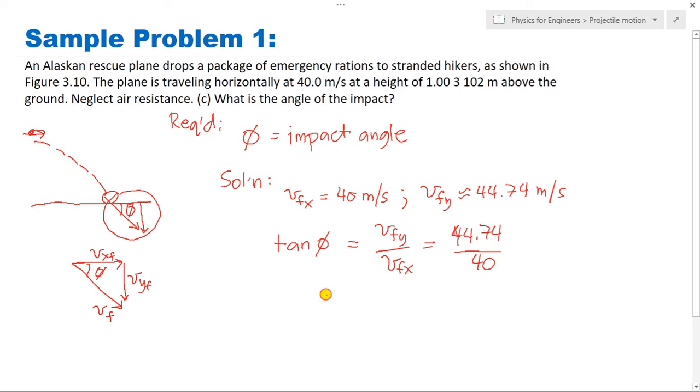So take the arctangent. So theta equals arctangent of, what's the answer for this? So 44.74 divided by 40. So our answer is 1.1185, approximately 1.1185.